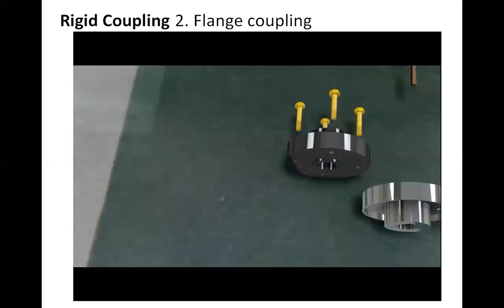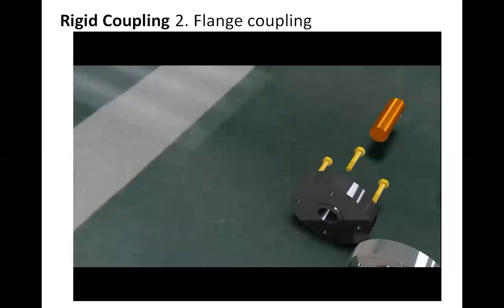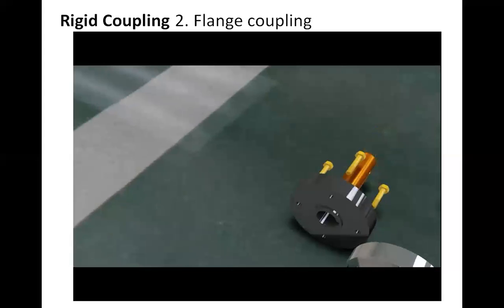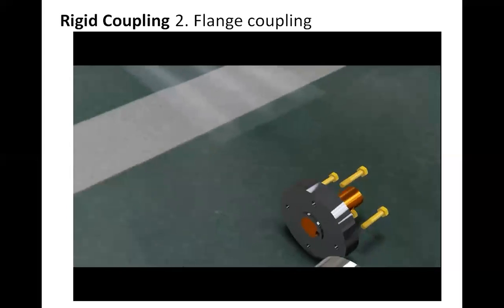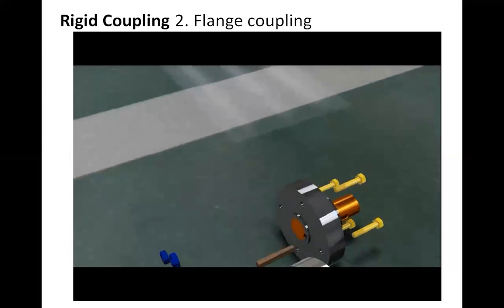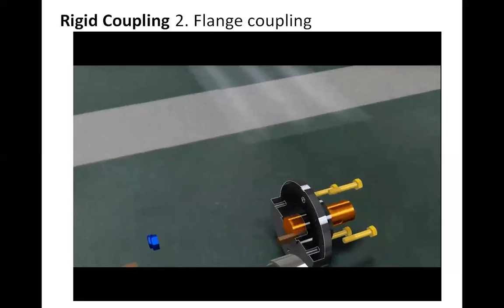So the key and the shaft are connected together to the flange. You can see how the key is inserted inside the keyway and boss of the flange. So they connect together.